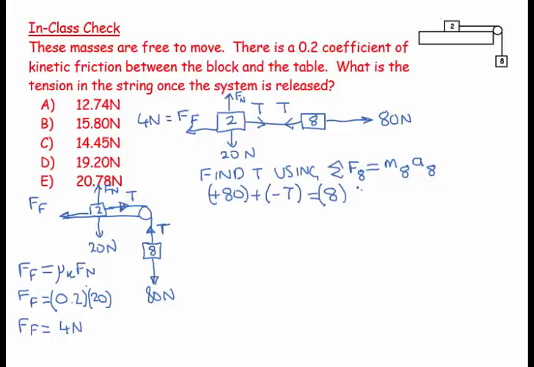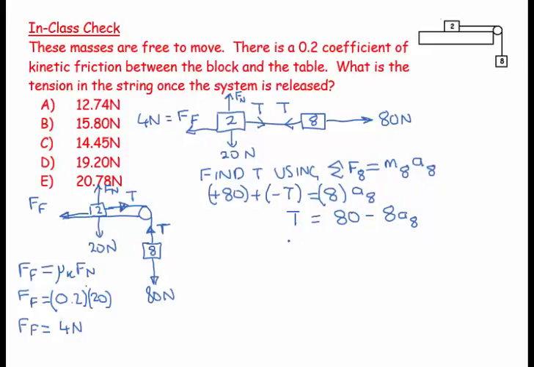I have no idea what that is, so let's call that A8. Let's rearrange. T is equal to 80 minus 8 times the acceleration of the 8 kilogram mass.